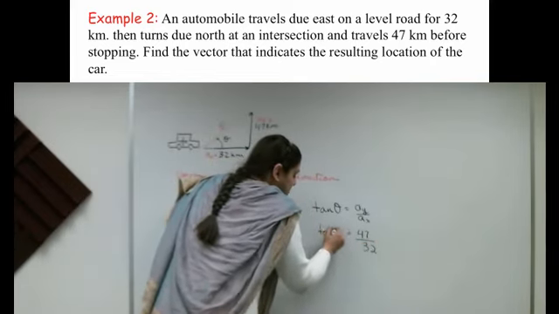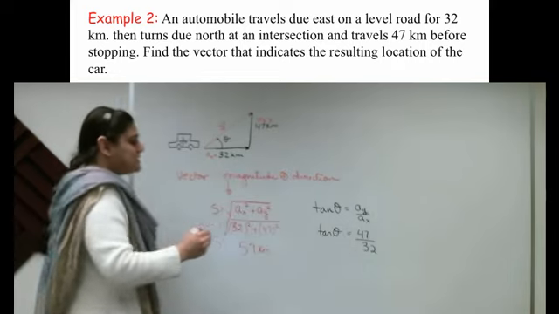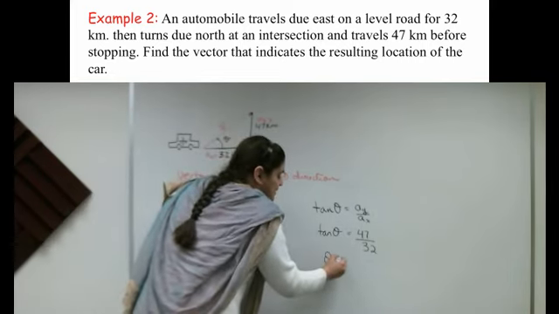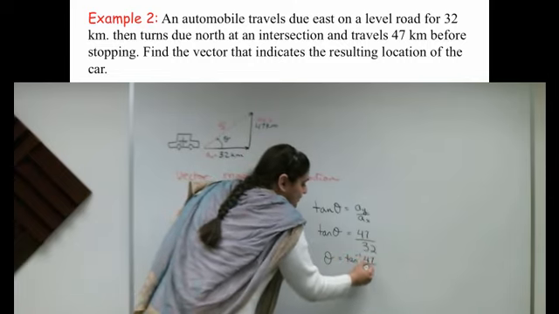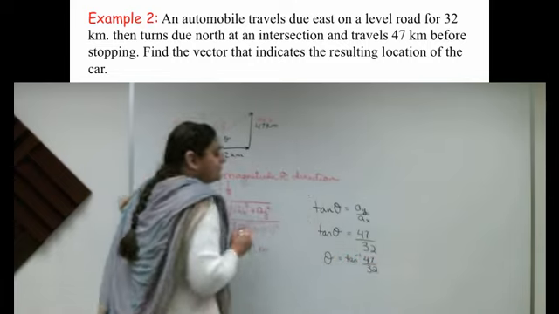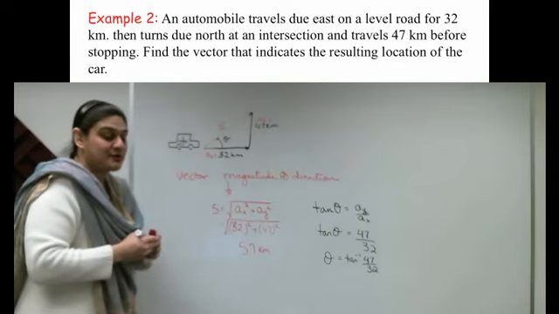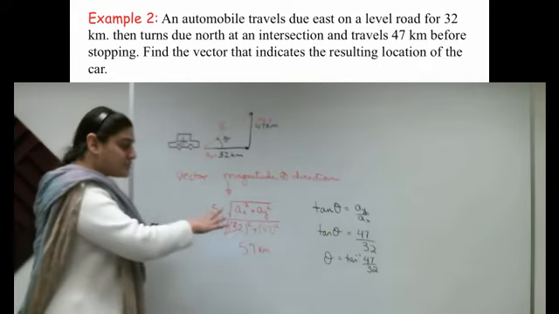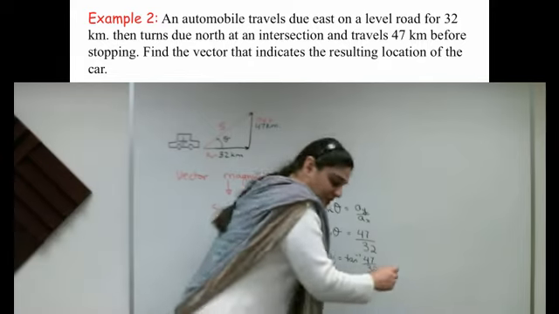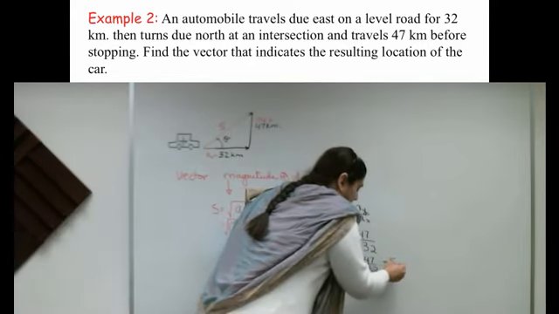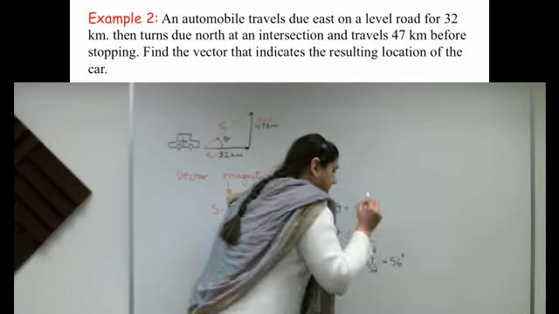This means theta is equal to tangent inverse of 47 over 32. Bring out your calculators real quick and do the math, and my answer comes out to be about 56 degrees.